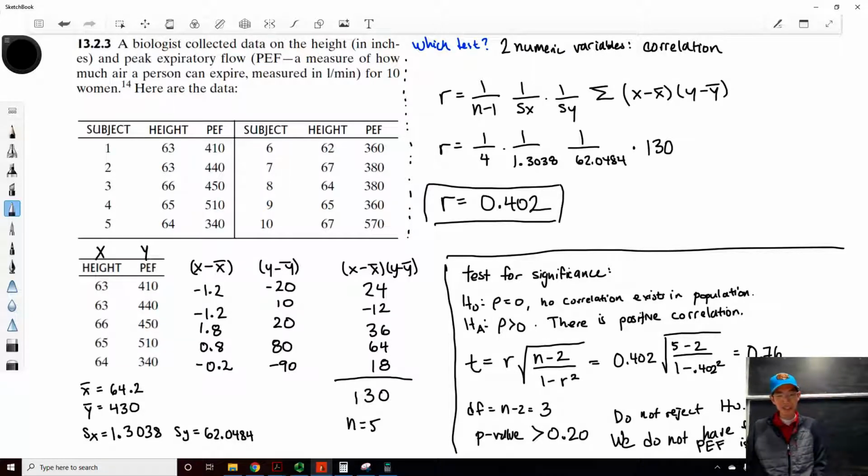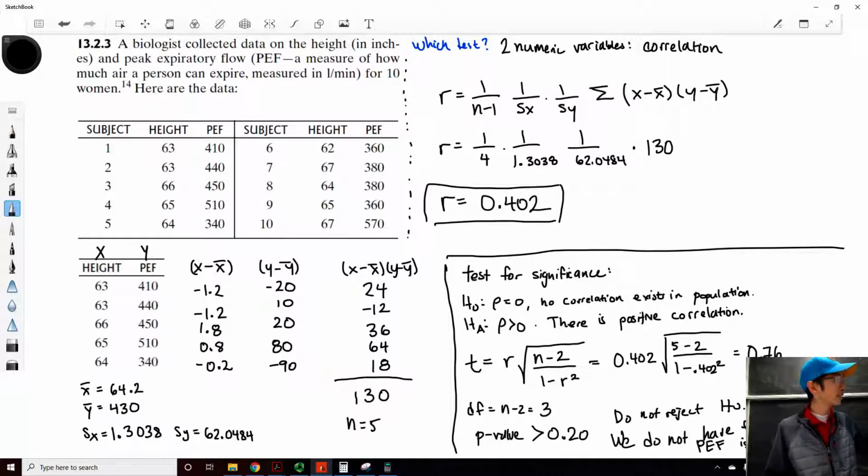Very good. I imagine it would be related to height. A lot of things kind of go together with height. But with 5 data points, we don't have evidence yet. If I asked you to find the best fitting line, can you guys do that?